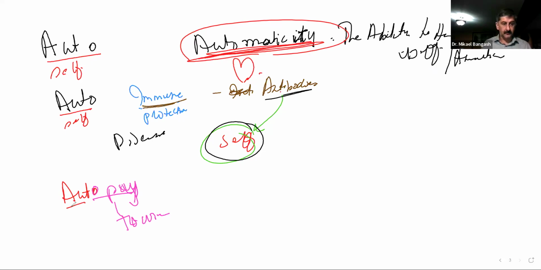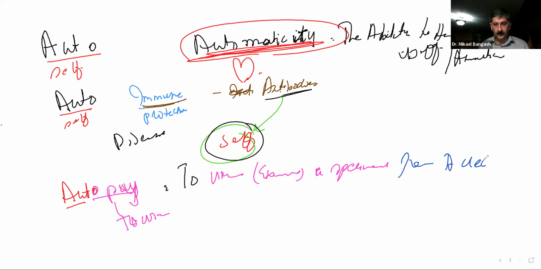When we say autopsy, what would that mean? It's to view, or examine, a specimen from that person.